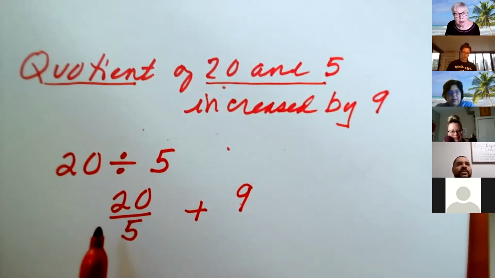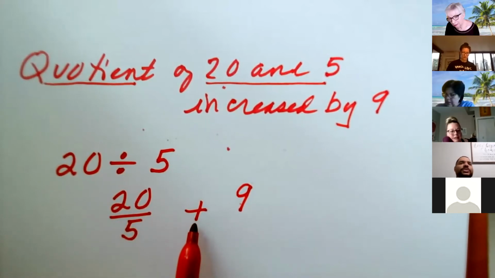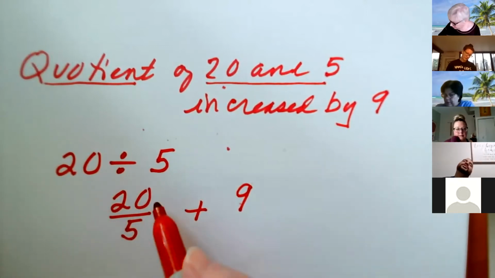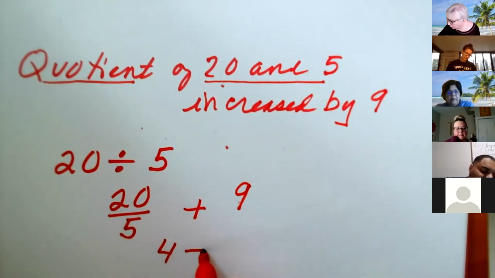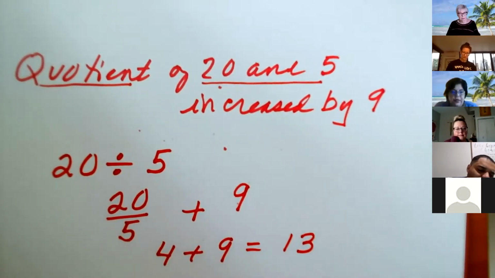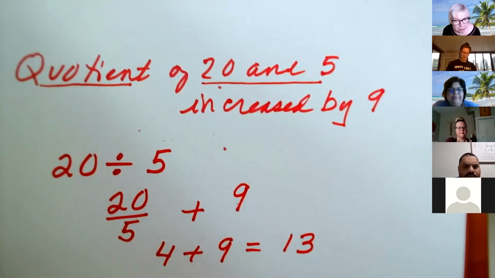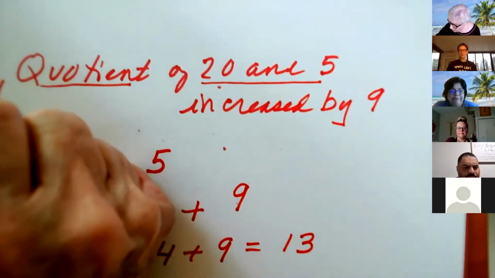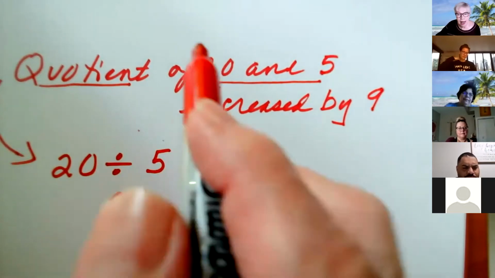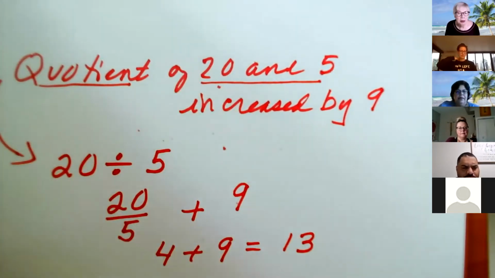So addition is last, unless there's parentheses to force you to do it. 20 divided by 5 is 4, plus 9. So the critical part is that first step, getting it out of bad English into good math. You see what I'm saying?